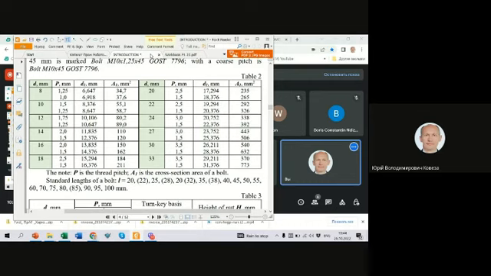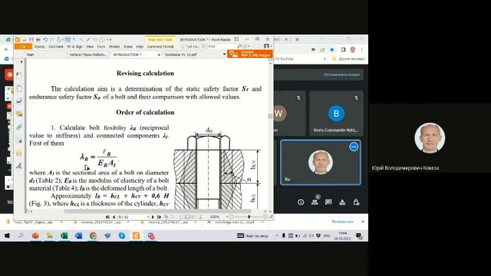When you know L, B, E, B, and A1, you can find flexibility. Pay attention that its value will be very small. And it is better if you write the result in the form of something times 10 minus 6.